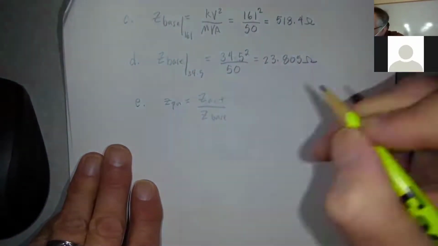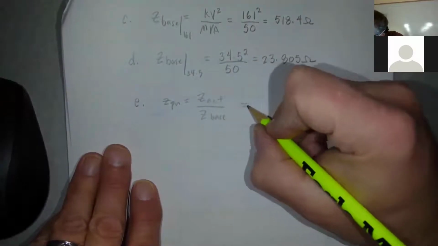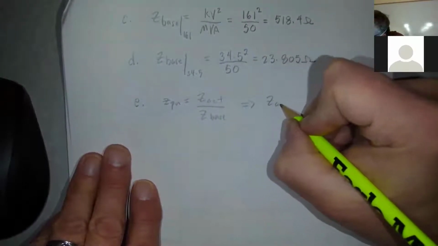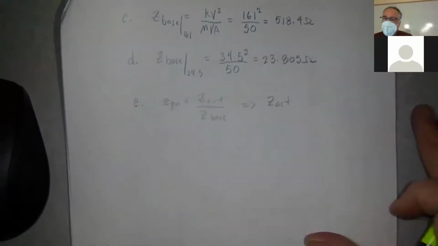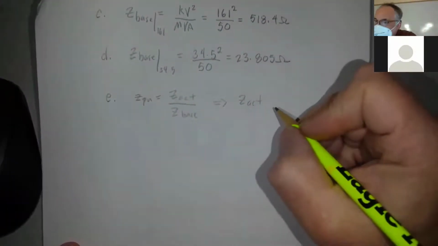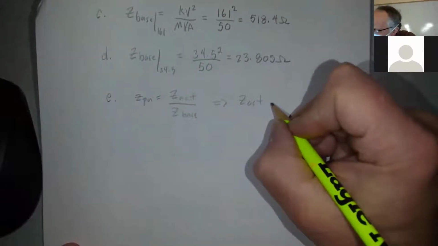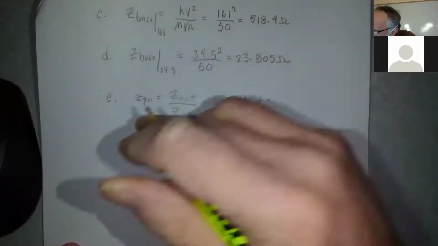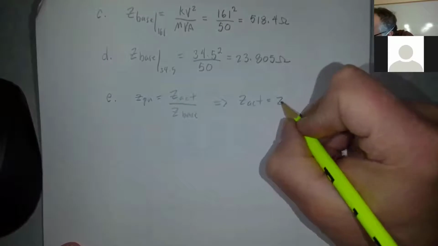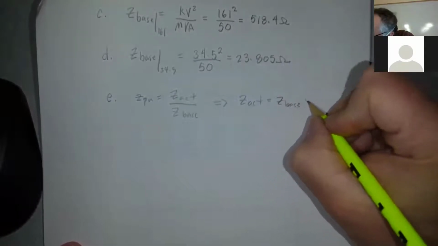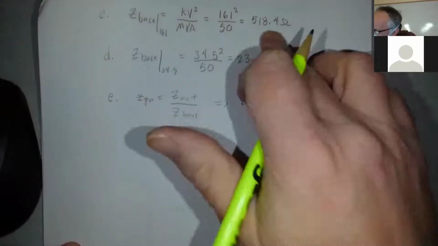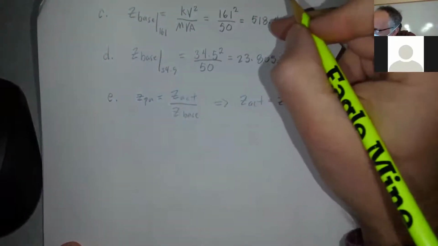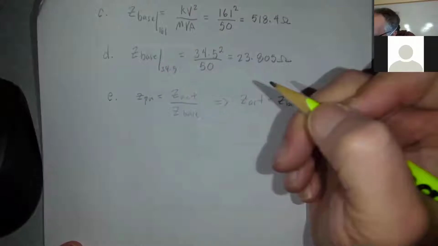That's the standard formula, but now we're looking for Z actual. So Z actual will equal Z base times Z PU.